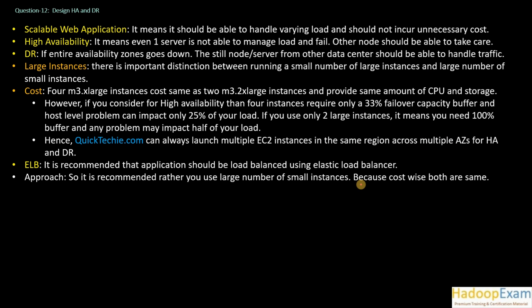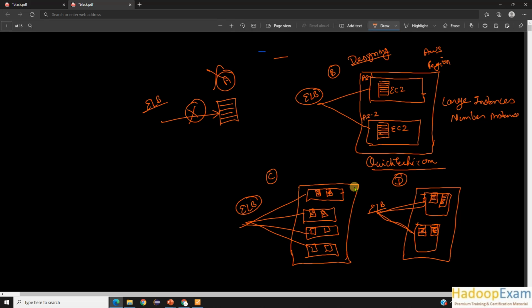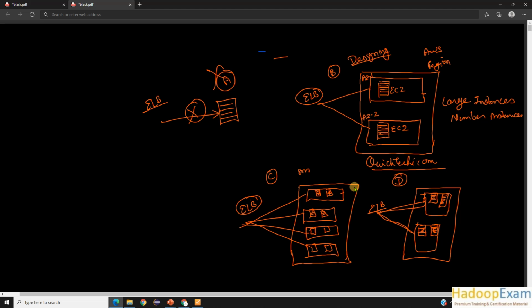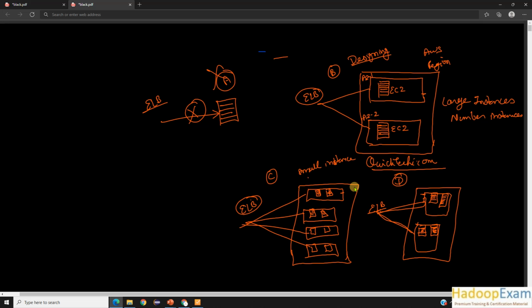Large instances: there is an important distinction between running a small number of large instances and a large number of small instances. So here we have large instances, but the number of instances is less, correct? Here we have small instances but a large number, 8 instances.